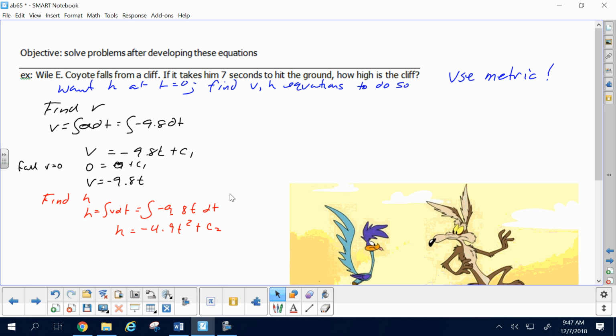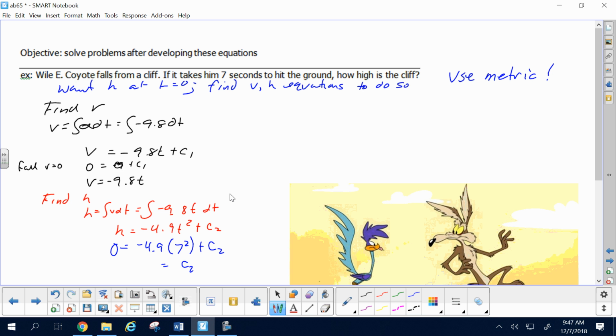What's the height-time condition you have? Height is 0 at time 7. So if you put that in, what is C2? 50 times 7 is 350, 343-ish or something?